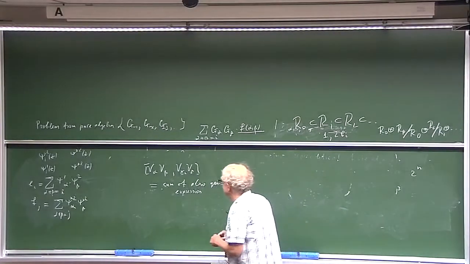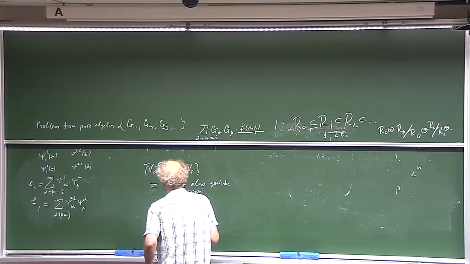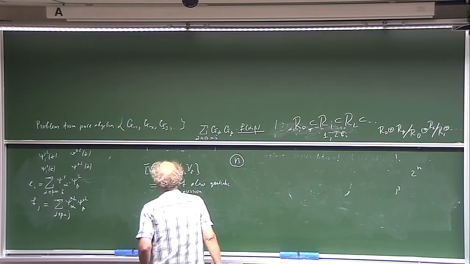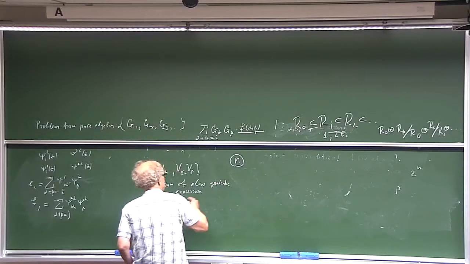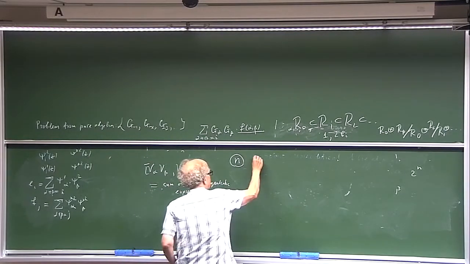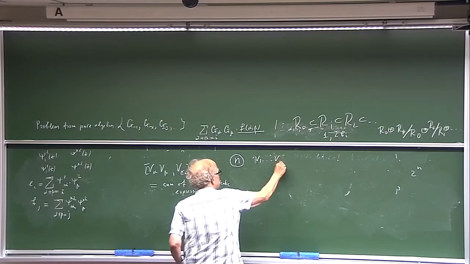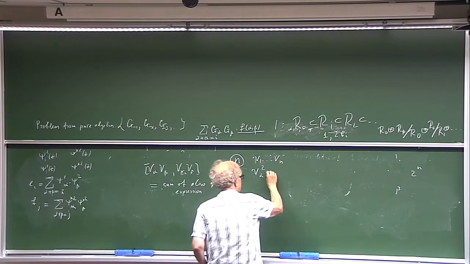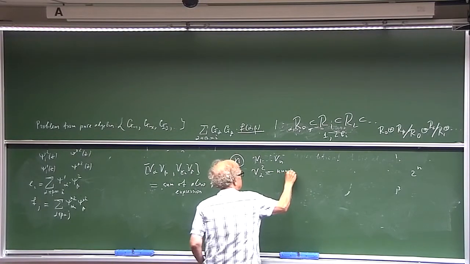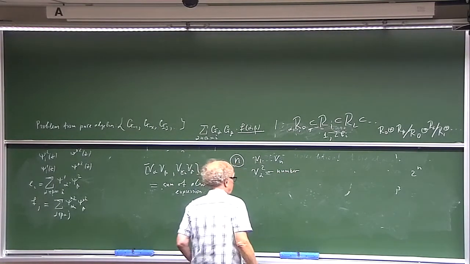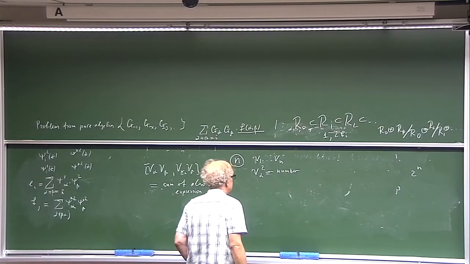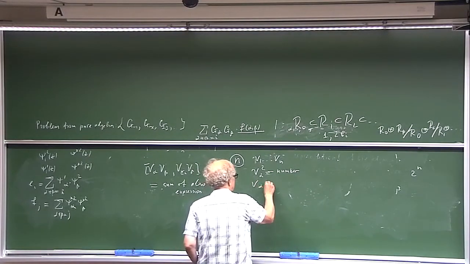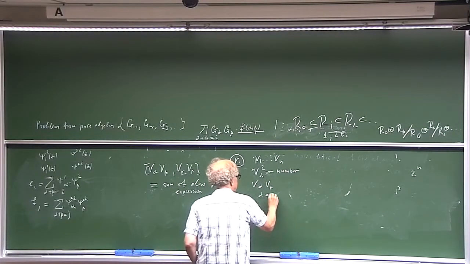Yes, so let me say that we have an n-dimensional space. If we have basis V1 and so on, Vn, we know that V alpha squared is this number. And we are all doing this up to constants, but the interesting expressions are V alpha, V beta, with alpha less than beta.